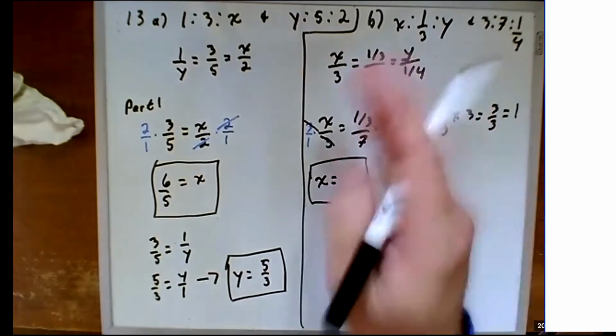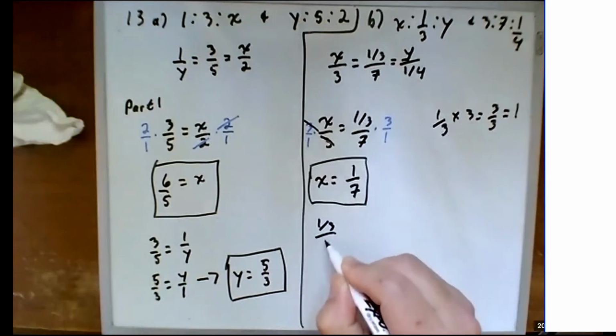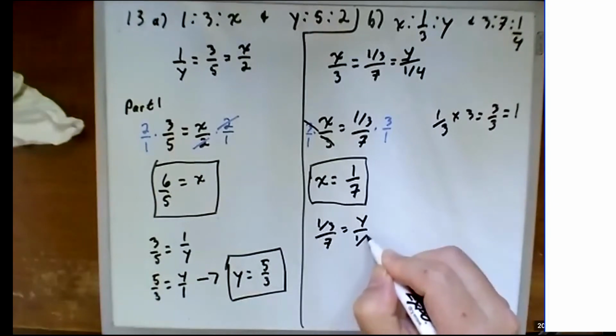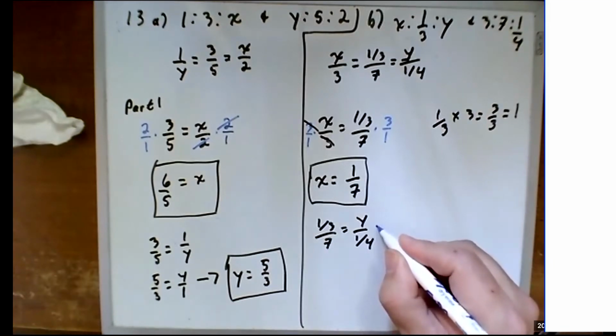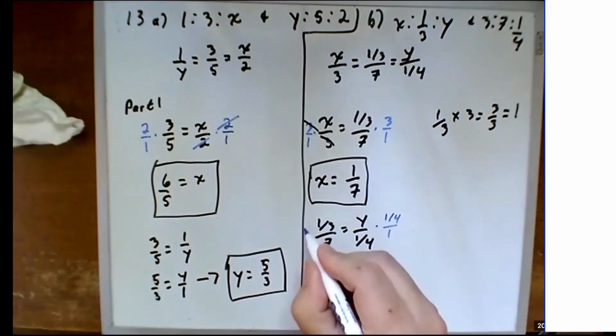Then we go on to do the other equivalent fraction. 1/3 over 7 is equal to y over 1/4. I want to get rid of that 1/4 on the bottom, so I'm going to multiply by 1/4 over 1 on this side, and we do the same thing over here.